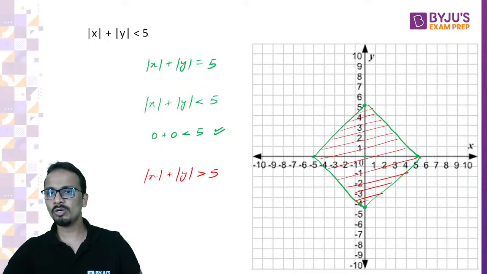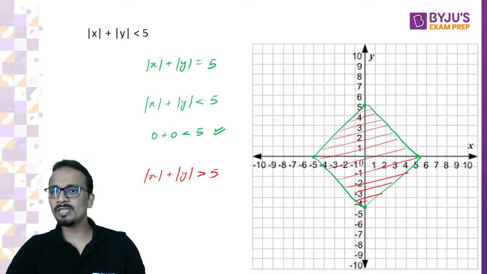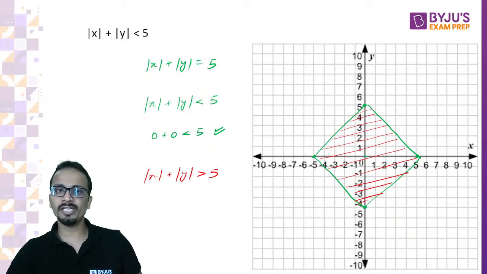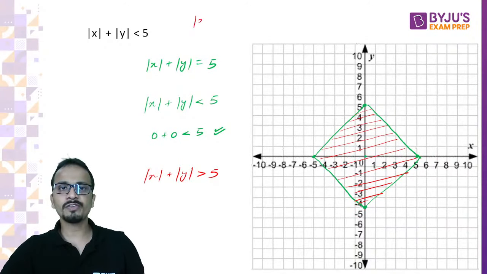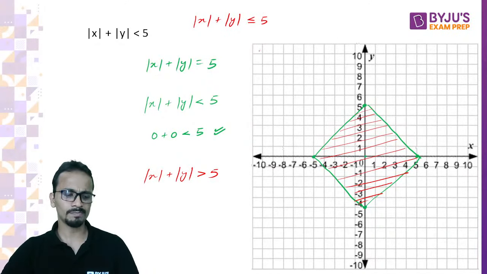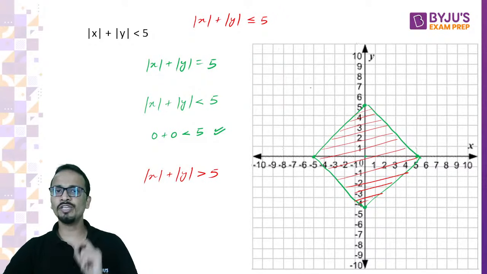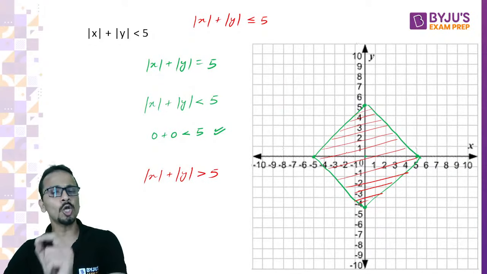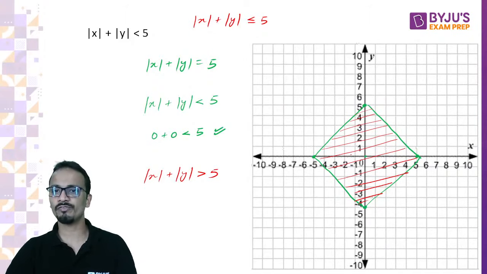Okay. So the points which are lying on these lines will not be included. If the equation would have been mod x plus mod y is less than equal to 5, then in that case we will consider the points which are also lying on the boundary of this region.